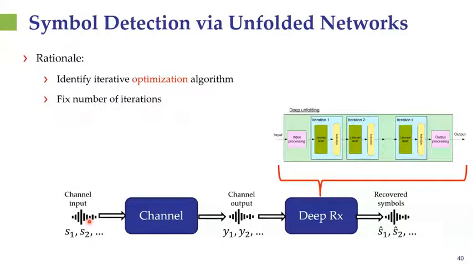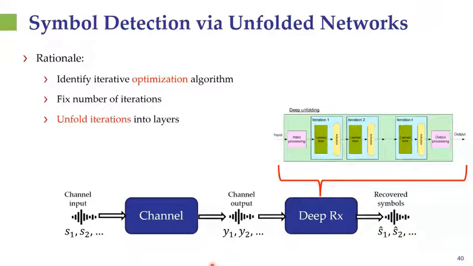For the unfolding case, here the rationale is somewhat different. Instead of trying to identify what network architecture would do the symbol detection task better, we're trying to identify an iterative optimization algorithm which is suitable for the task of symbol detection under the considered channel model. And then we fix the number of iterations and unfold each iteration into layers, just like we have in this architecture.